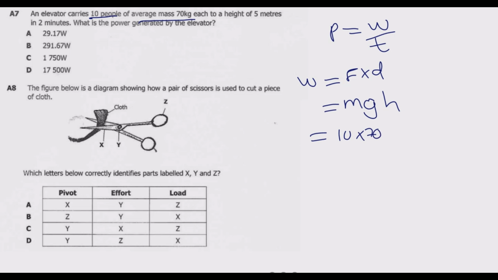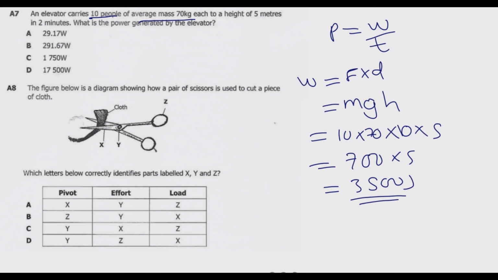So this is the mass, then multiplied by gravity, which is 10, then multiplied by the height, which is 5 meters. Then we have 700 multiplied by 10 by 5, and we end up with 35,000 joules as the work done.